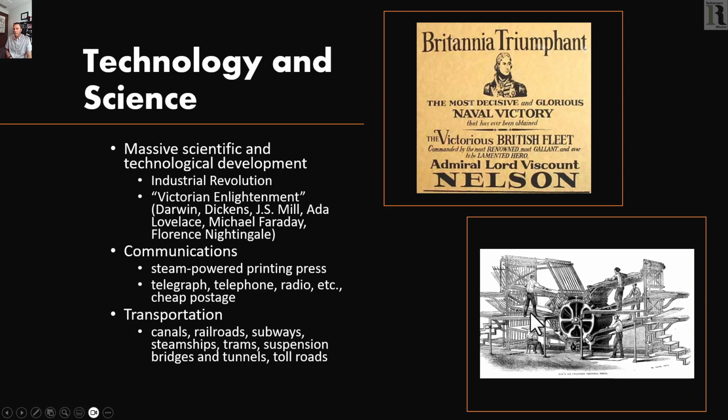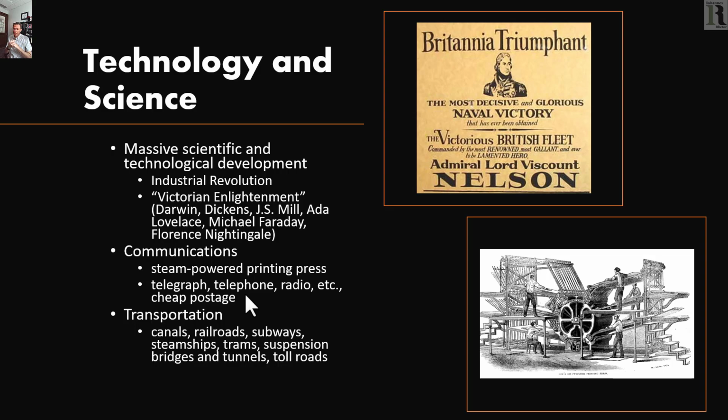Before that you had to hand press things, so you could only print things as quickly as somebody could actually operate the press by hand. When you can suddenly print hundreds of thousands of newspapers in a few hours, this is an important cultural change that goes hand in hand, in fact, with the rise in mass literacy. So you have more stuff to read and more people who can read them.